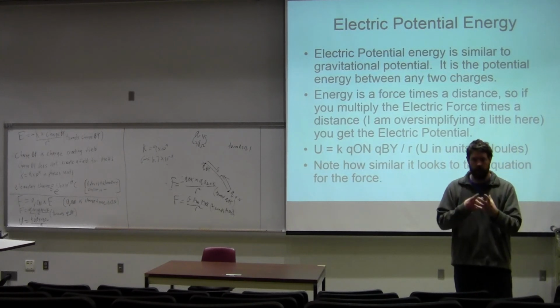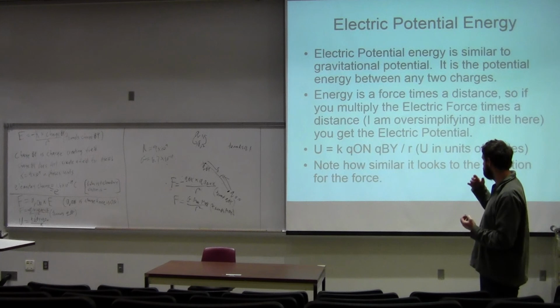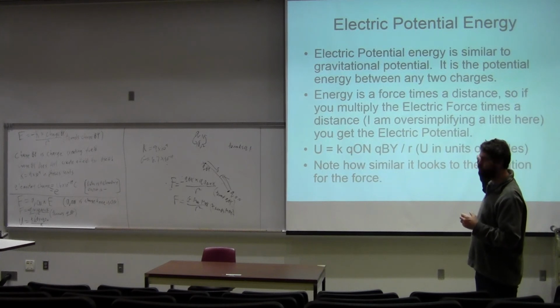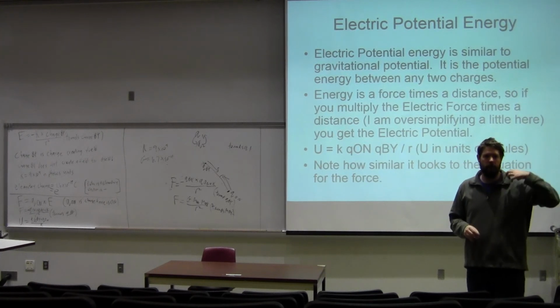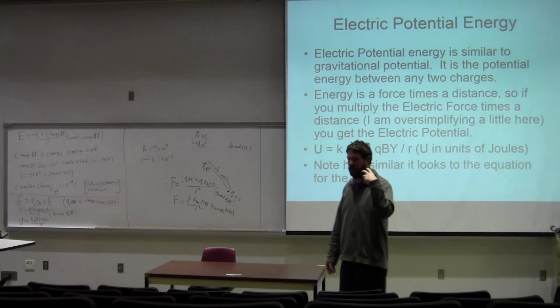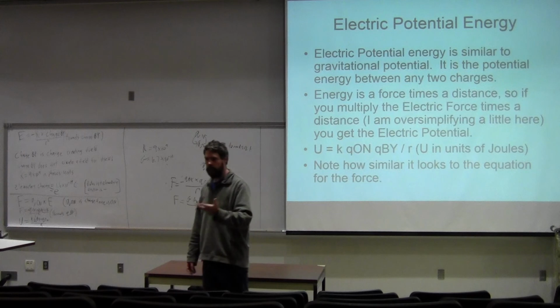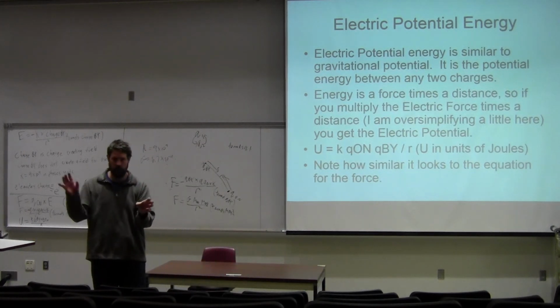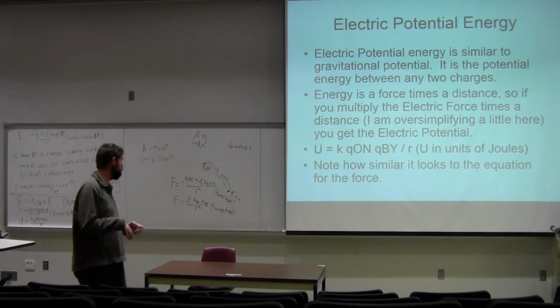And so there's a very huge similarity between how energy is done for charges and how energy is done for gravitational objects. Kinetic energy is the same, it's just that instead of converting back and forth between gravitational potential and kinetic, we're now converting back and forth with electric potential and kinetic.